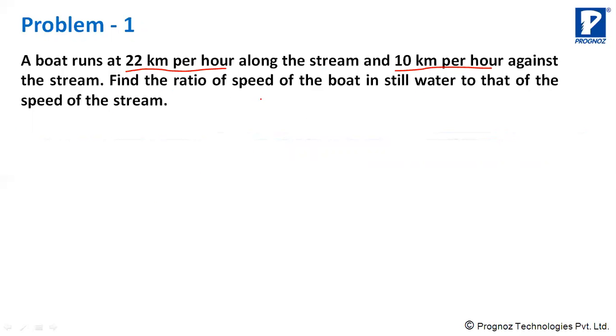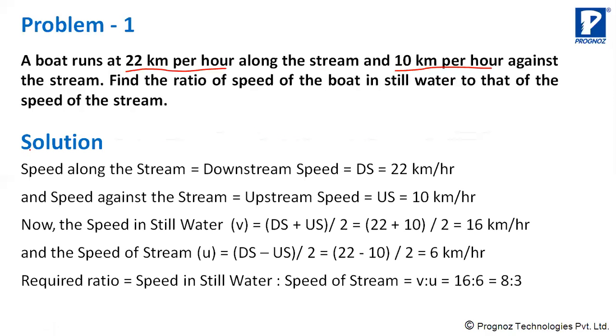And we have to find out the speed of the boat in still water, that was V, to that of speed of stream, which is U. Okay, let's see how it will happen. Now, speed along the stream is equal to downstream speed. We can designate downstream speed as ds, and it is 22 kilometers per hour. Similarly, speed against the stream is upstream speed. We can designate it as us, and it is 10 kilometers per hour. Now, the speed in still water, V, is equal to ds plus us by 2.